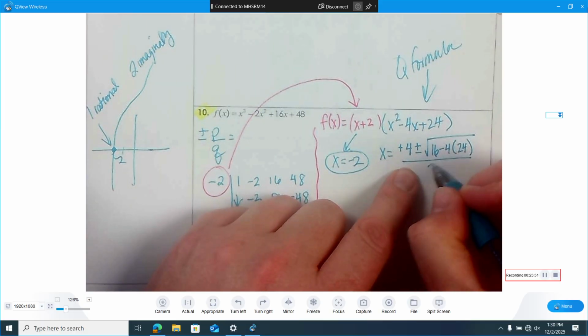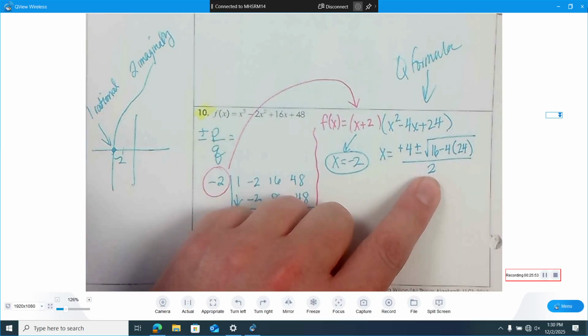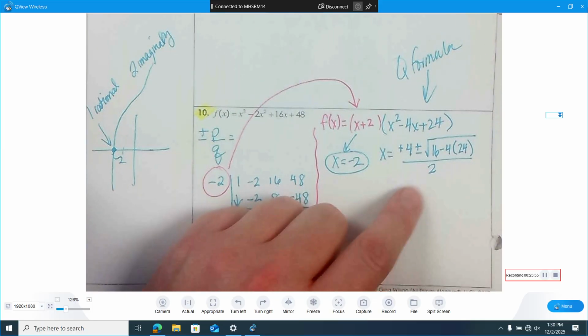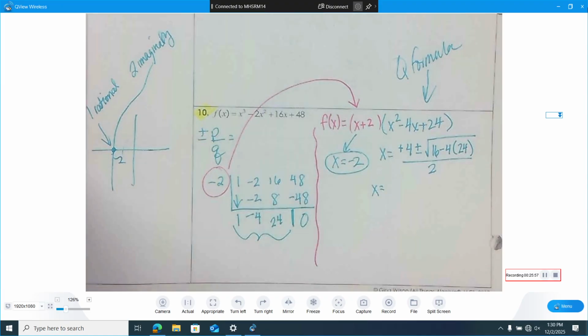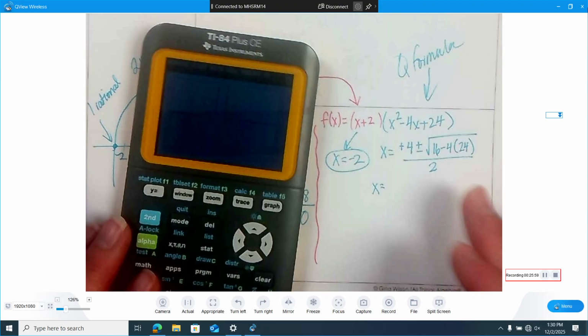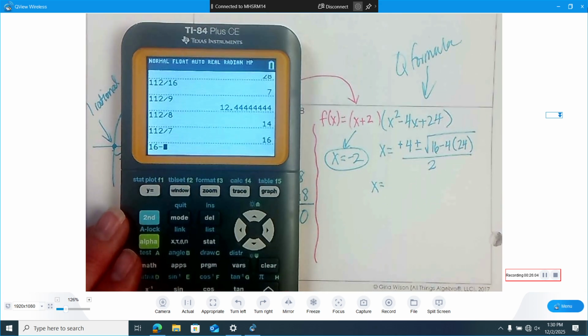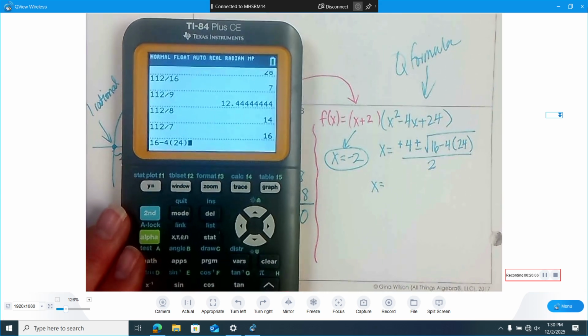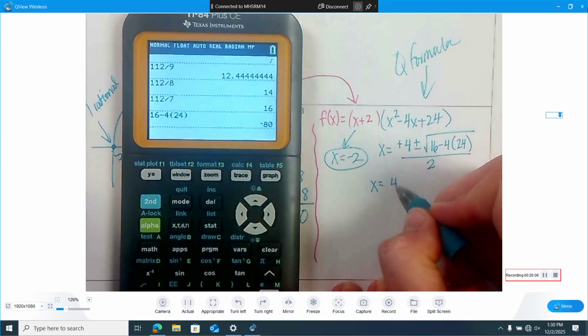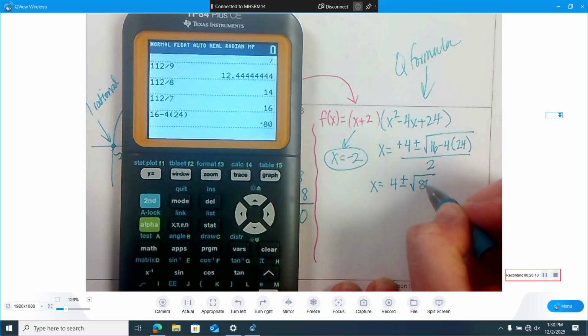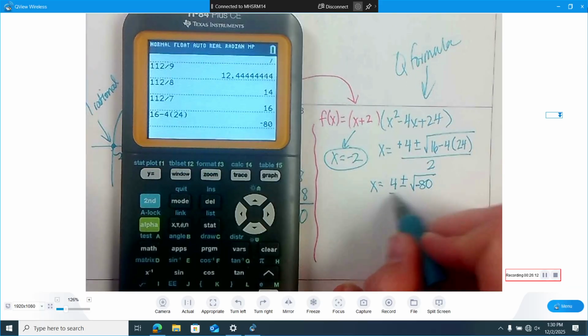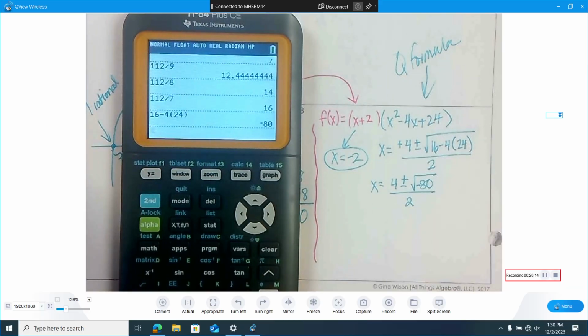All over 2a. 2 times 1 is just 2. So I do a lot of that in my head. On my calculator, I'm going to do 16 minus 4 times 24. So I have 4 plus or minus radical -80 over 2.